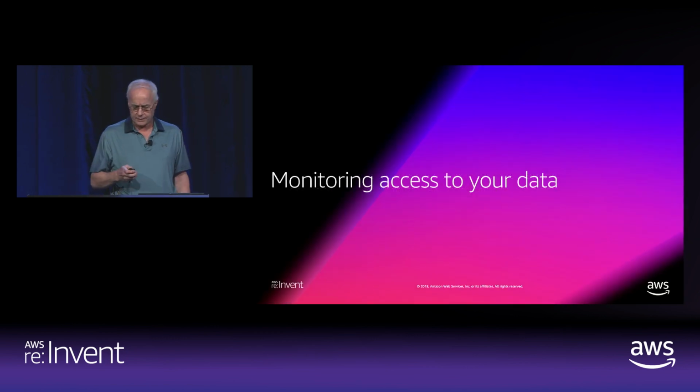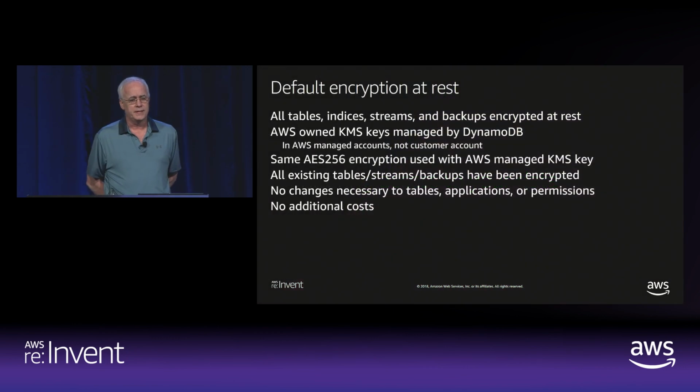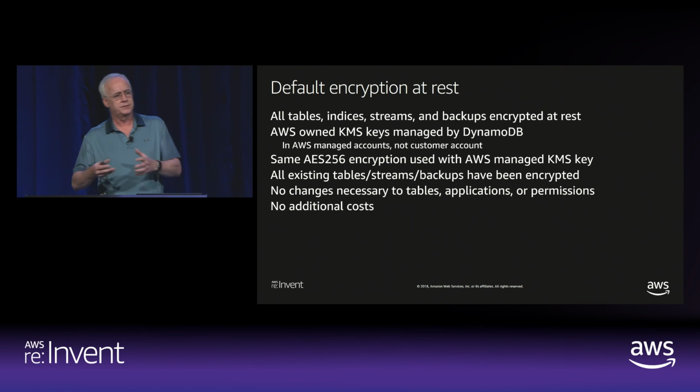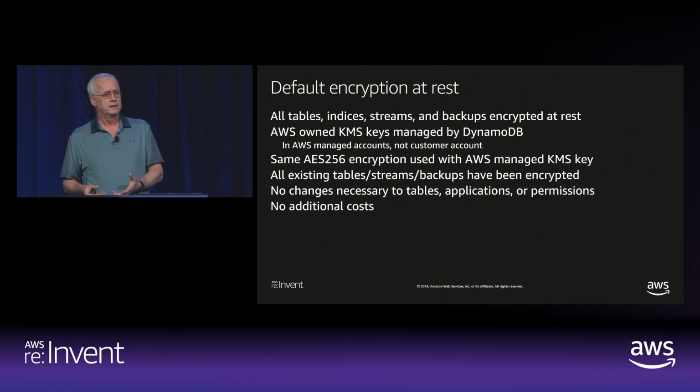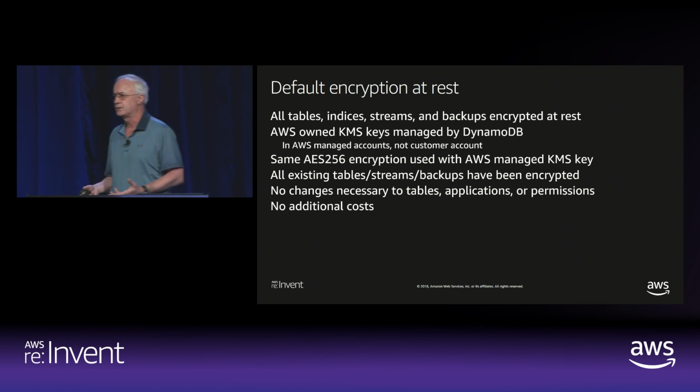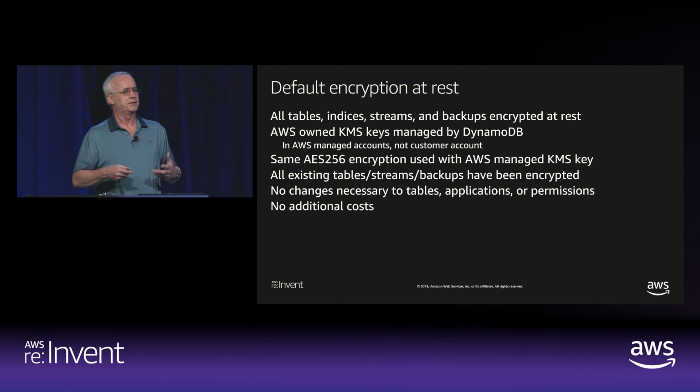Jumping back to this a second, you might have a question about should I use CMK or should I use the default encryption? And it depends on what your mission is and what you're trying to achieve with encryption. If your primary goal for encryption is that I just have my data encrypted at rest, then the default encryption at rest will meet your needs.